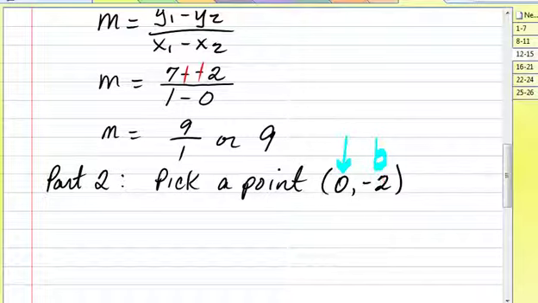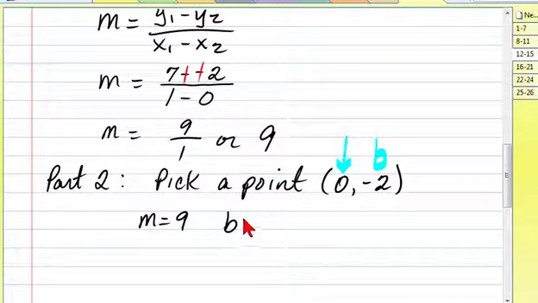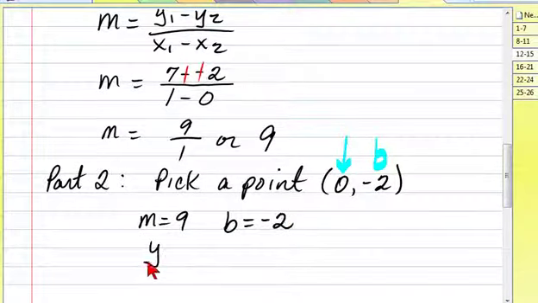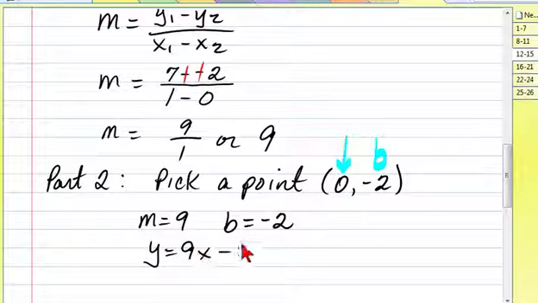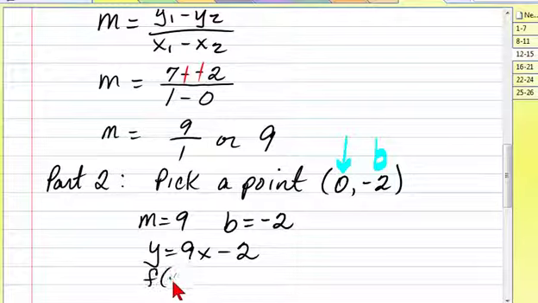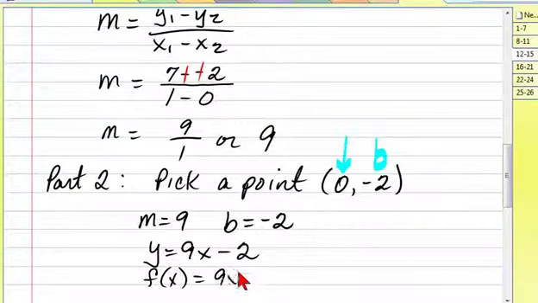So we could, if you notice that, stop the problem right now and say, oh, I've just found out that m is 9, and I just noticed that b is negative 2. So this is y equals 9x minus 2. That's if you notice that. F of x is 9x minus 2.